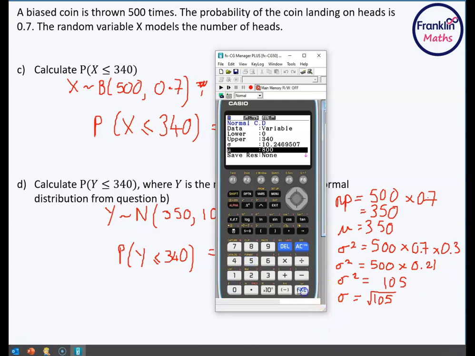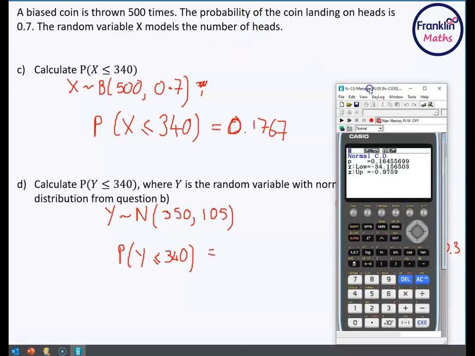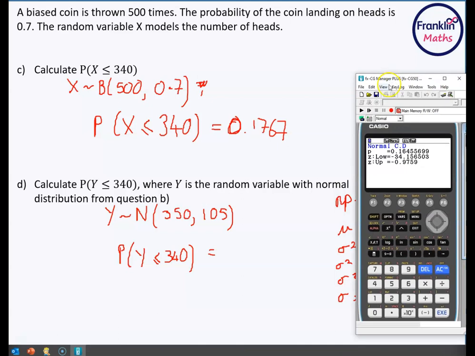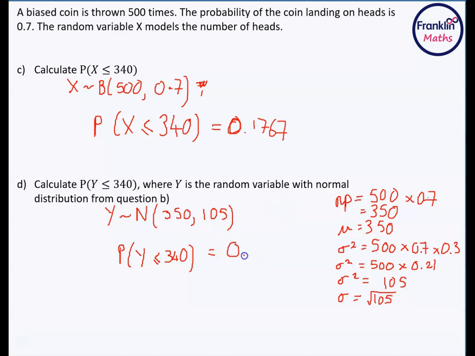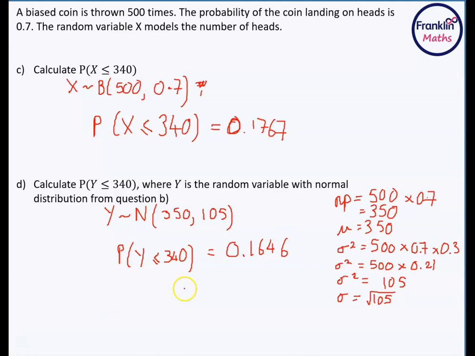My mu is 350. So I get 0.1646. Okay, so the question is then why are these two different?